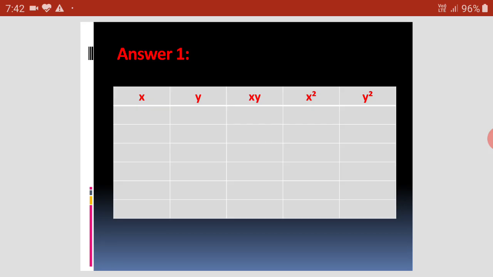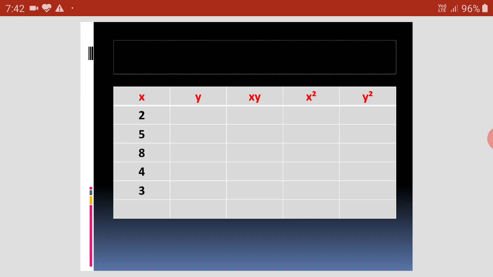It is a very easy method, because in this type of question it is always the same method, the same steps. First you put the values of x from the question: 2, 5, 8, 4 and 3. Now you put the values of y: 3, 5, 4, 8 and 5.